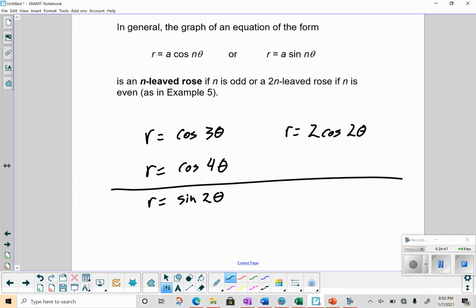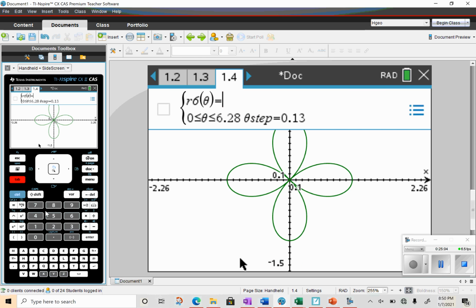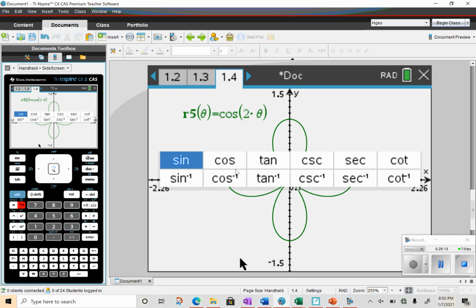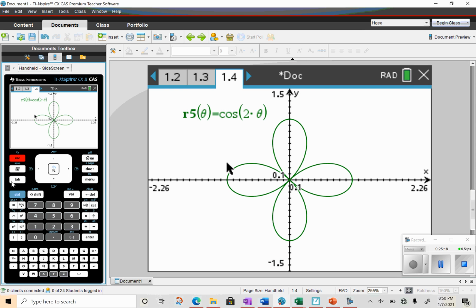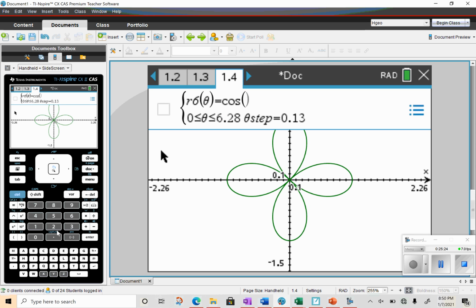Now, interesting things happen here, whether n is even or odd. All right, so here's cosine 2 times theta, and it actually turns out to have 4 leaves. If I then want to look at, I'm sorry, we're just going to do cosine 4 theta.